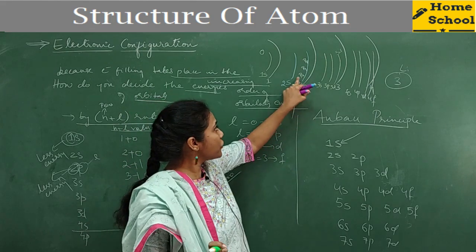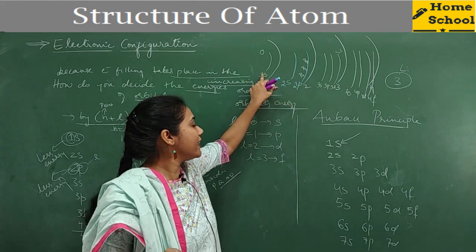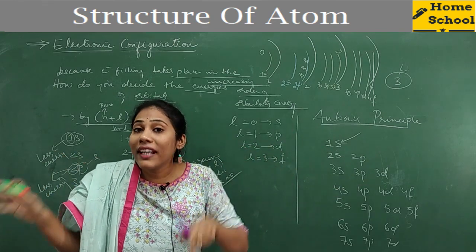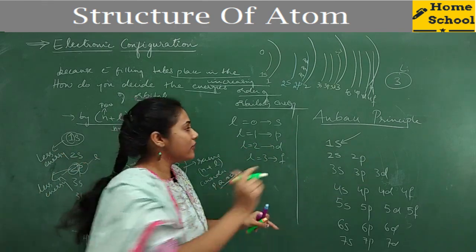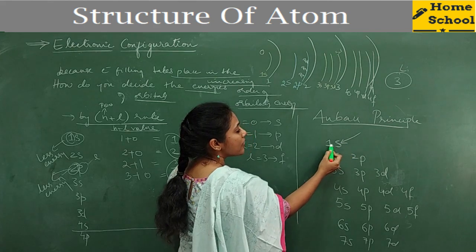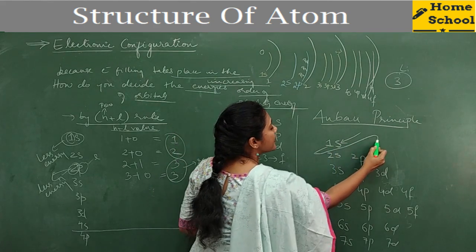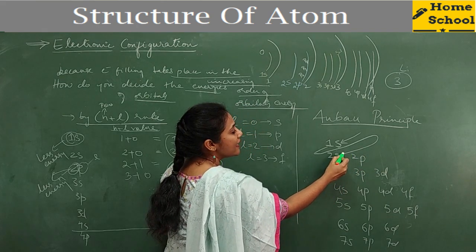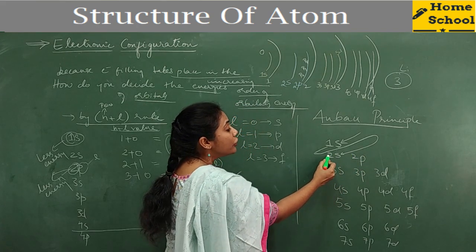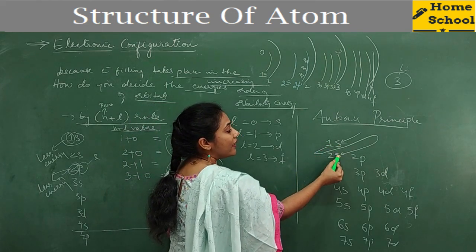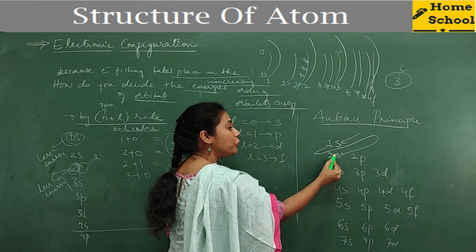In the first main shell, the first subshell, that is 1s, is there. In that particular subshell, electrons would always like to go. So that's why the first arrow mark you see, the first electron is going to 1s, and later do like this. Next the electron is liking to go towards 2s. After 1s is completely filled, the next electrons will go to 2s.